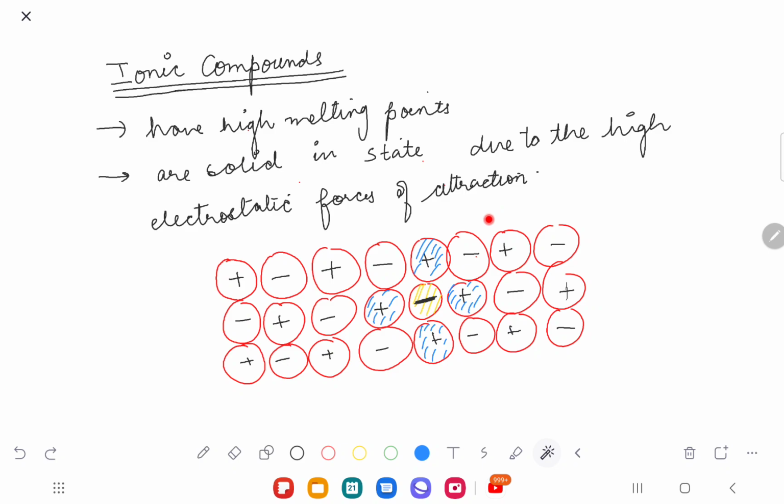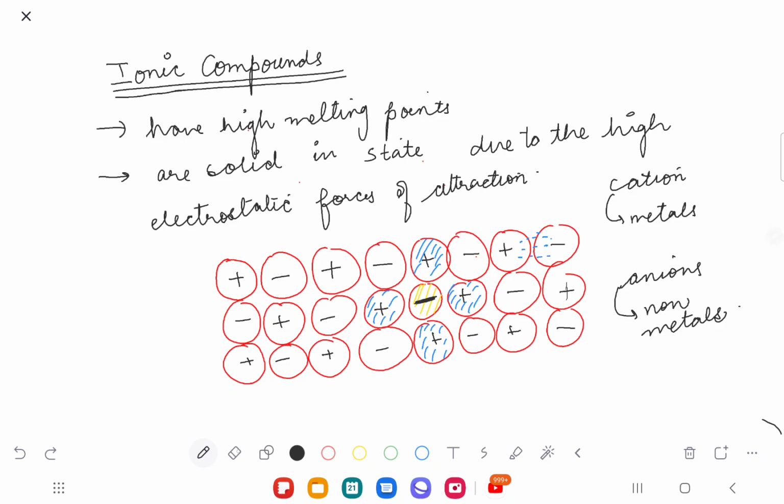We did up till this end. So we said that there are very strong electrostatic forces of attraction between the cation and the anion, whereby the cations are formed by metals and anions are formed by non-metals. Are you understanding my point? So up till this point, I suppose we have done ionic compounds. Are you understanding?